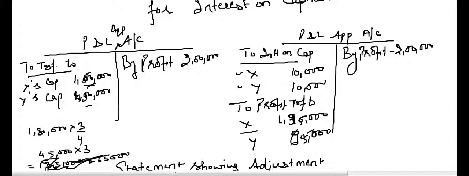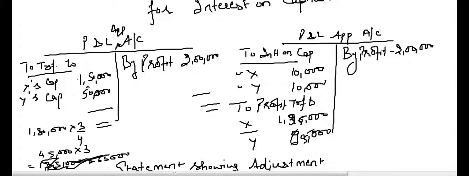Clear? So this profit comes to 1,50,000 and 50,000. Clear?